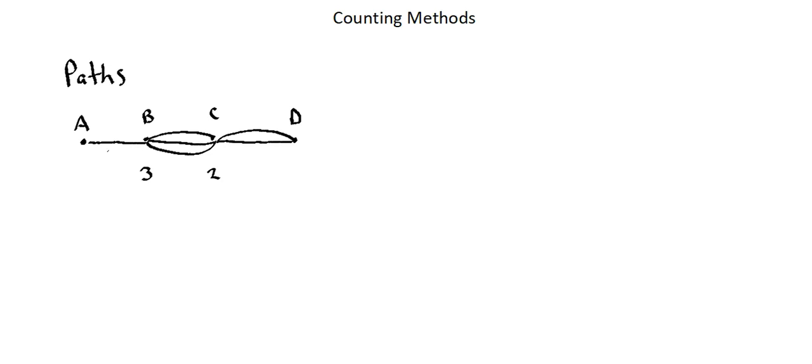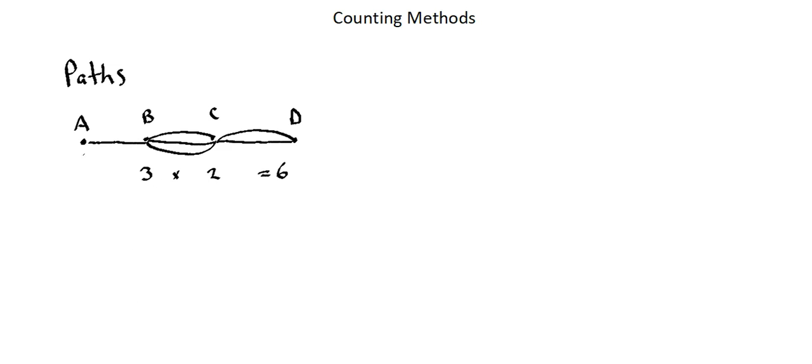At D, we're at the end, so there is no additional decision to make regarding number of paths once we've reached the end. So in this calculation, the number of paths is going to be the multiplication of 3 times 2, or 6. In this scenario, from A to D, we have 6 possible distinct paths to arrive at our destination.